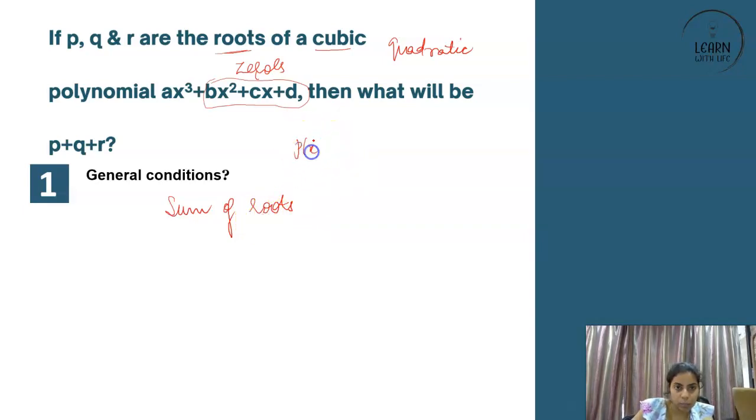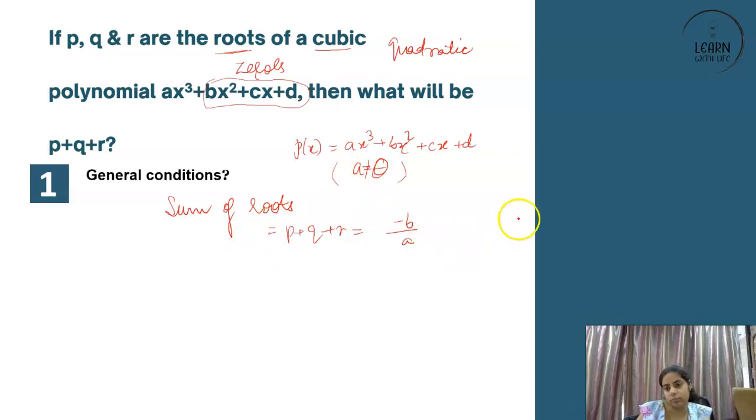So basically, for a cubic polynomial p of x, which is ax cube plus bx square plus cx plus d, that's already given, where a is not equal to 0, we already know that the sum of roots, which is p plus q plus r, is calculated as minus b by a.